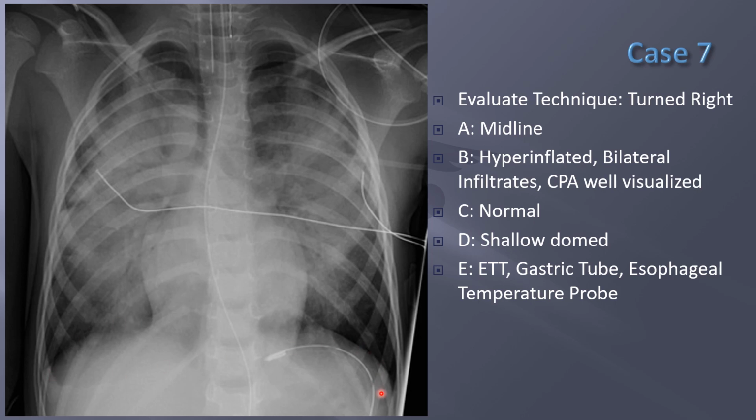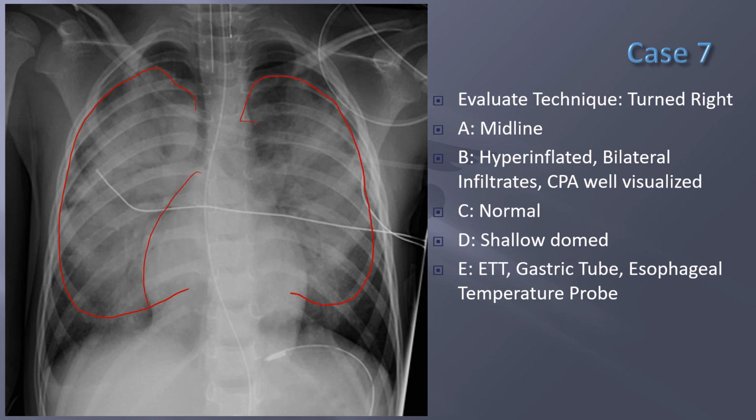I see costophrenic angles, and I see lung markings at the periphery, but I see this hyperdense kind of area here, but not so in these corners. So I'm going to highlight what I see here. I see that there and there.